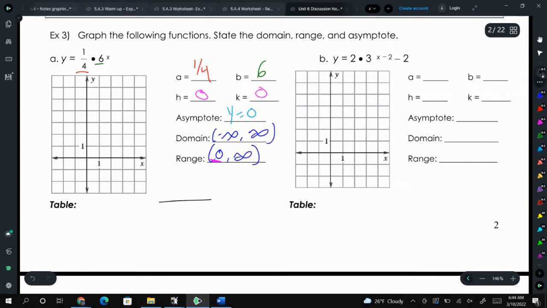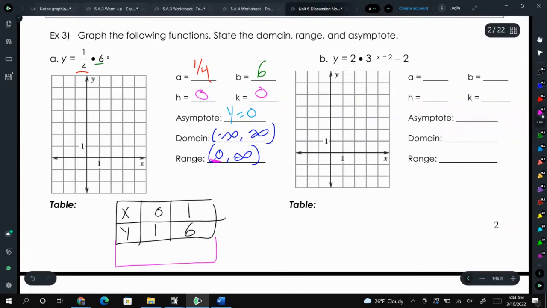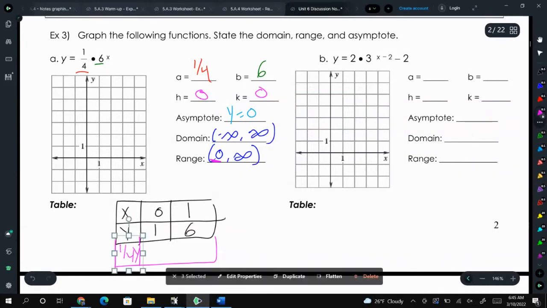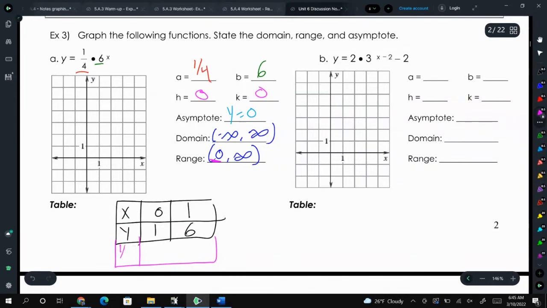Now for our table, we're going to start off with 2 points. We're going to take (0, 1), and then (1, b), and b is 6 in this case. Then our third row here is going to be 1/4 times y, our a value. So 1 times 1/4 is 1/4, and 6 times 1/4 is 6/4.